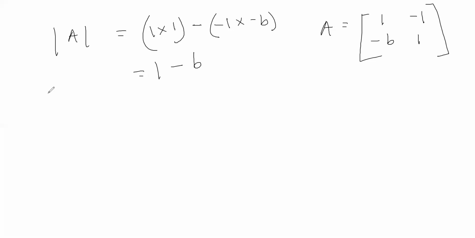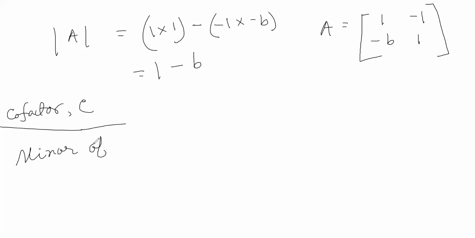Now, if you are following the matrix inversion method, then you need to identify the cofactor matrix C, right? And these definitely consist of minors. So in order to identify the cofactor matrix C, we will at first identify the minor of 1, this value.